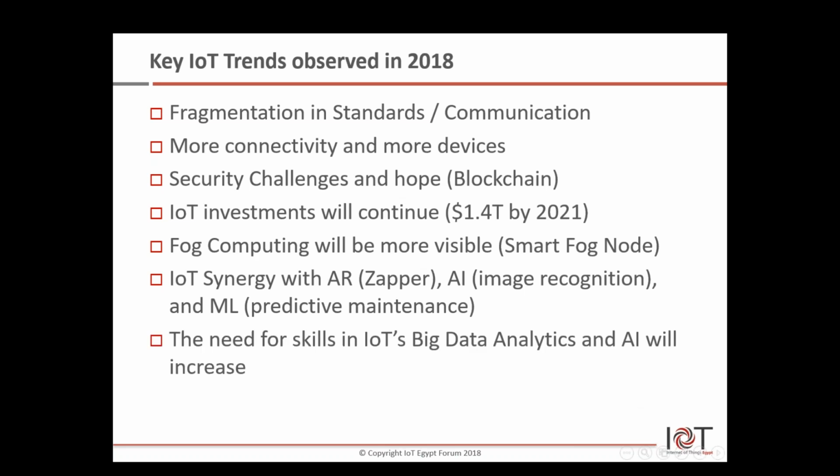Then we are expecting a big need for skills in IoT, especially in big data analytics. That's good news for all developers and all workers in the field of IoT, as dynamic sharing is at the heart of IoT, and big data analytics will be instrumental in building responsive applications.